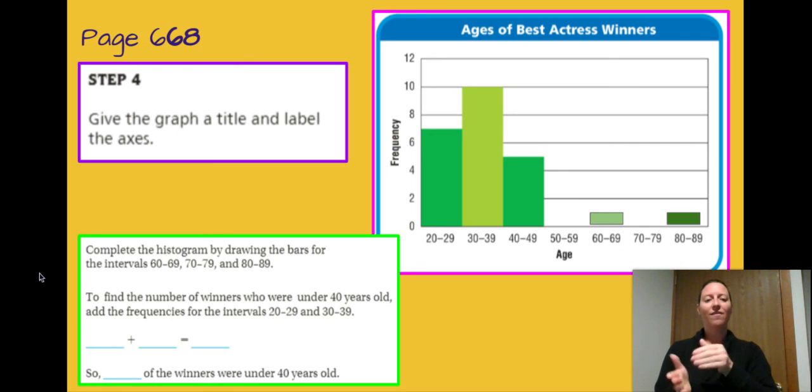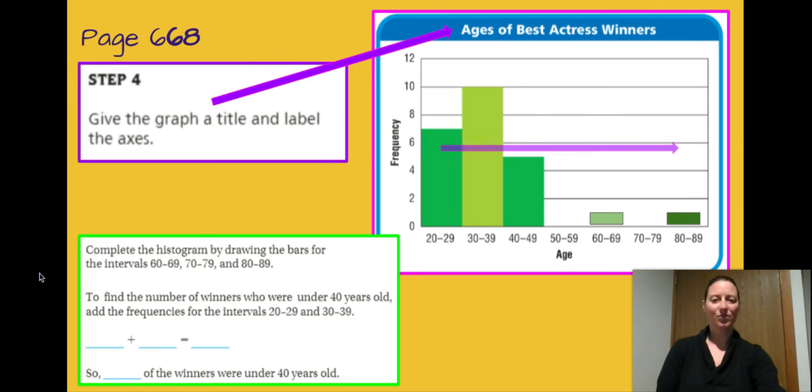So label those. And then to find the number of winners under 40, we look at those first two intervals again. And we get 7 for 20 to 29, and 10 winners from 30 to 39.